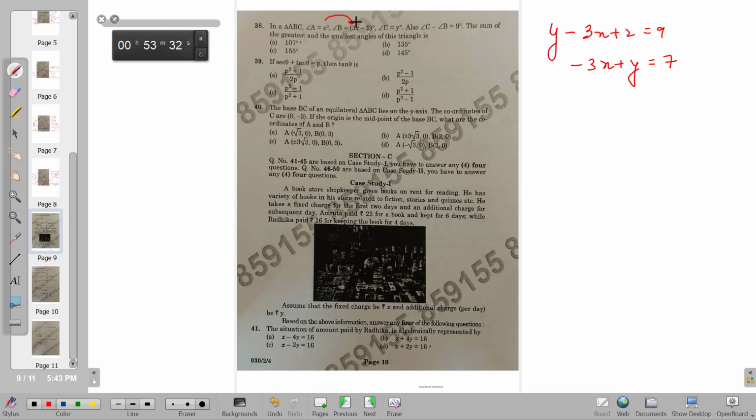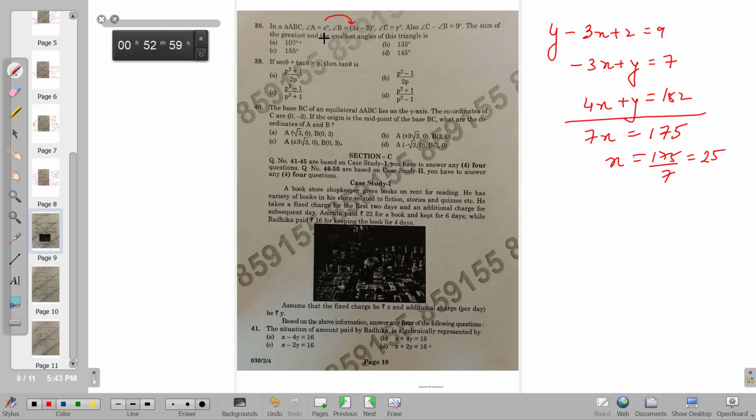So x plus 3x, 4x, plus y minus 2 will be 180, or we can say 4x plus y is 182. Subtract both, you will get 7x is equal to 182 minus 7, which is going to be 175. So x will be 175 divided by 7, which is 25. So x is 25.